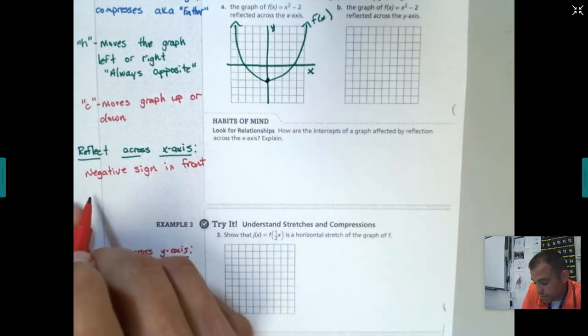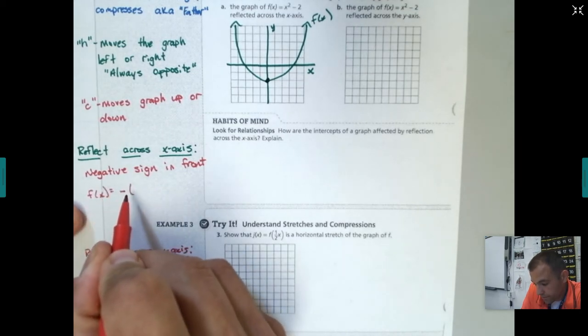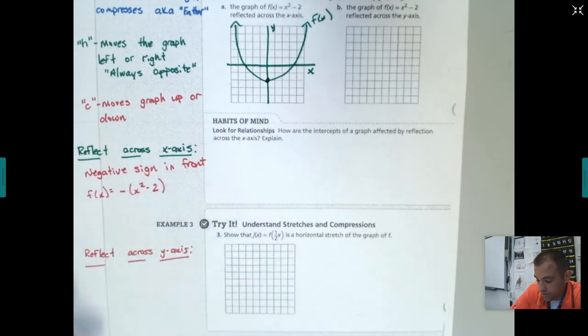So if I were to do that, this would become f of x equals negative, and everything else stayed the same. Negative x squared minus 2.